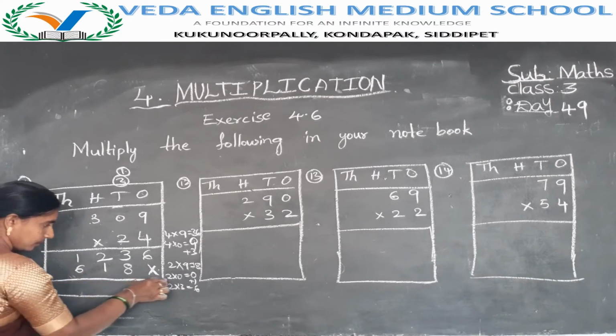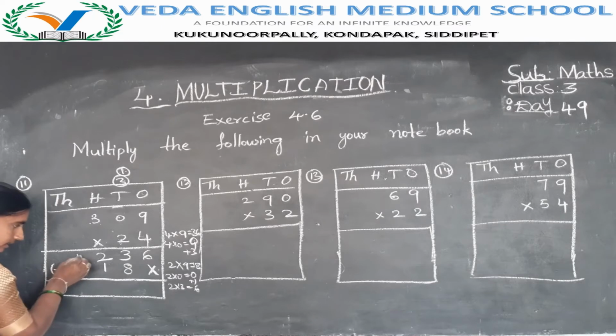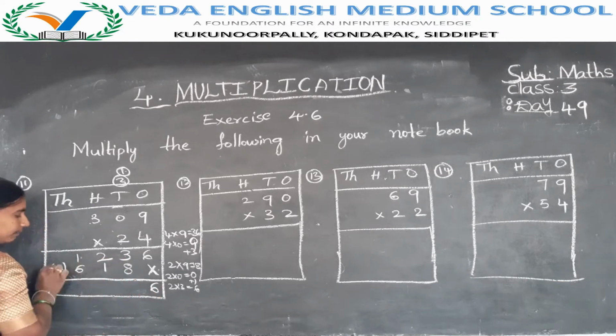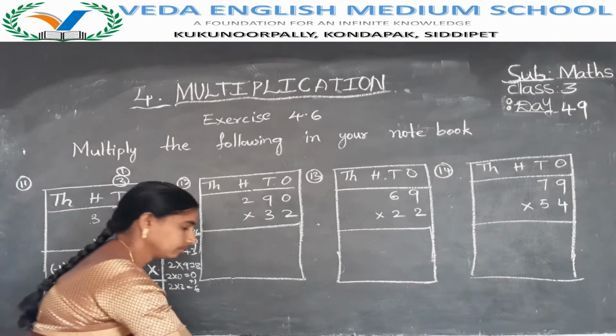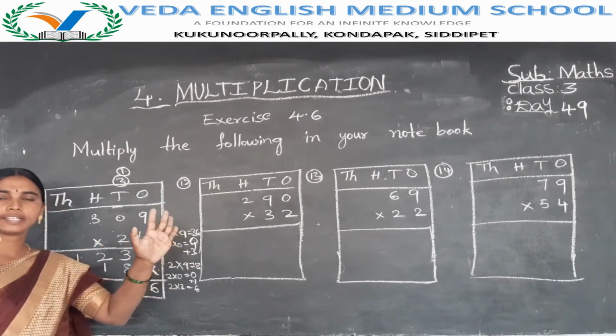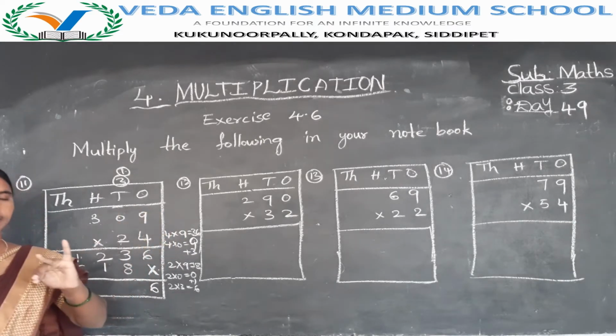Now do the addition. Add these two numbers. Here 6; then 3 plus 8 is 11.